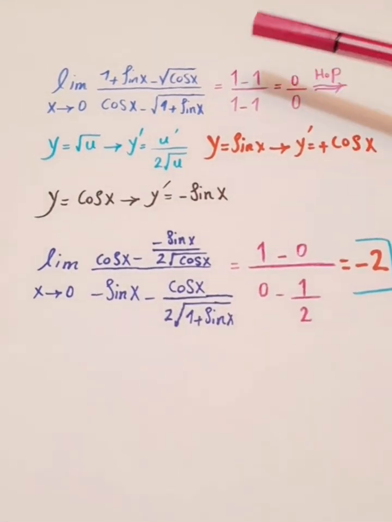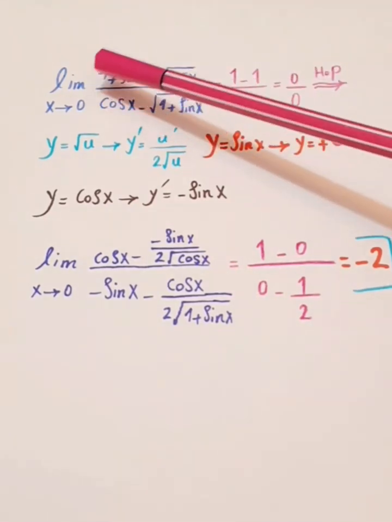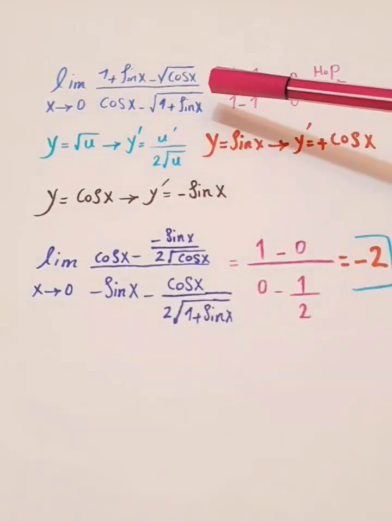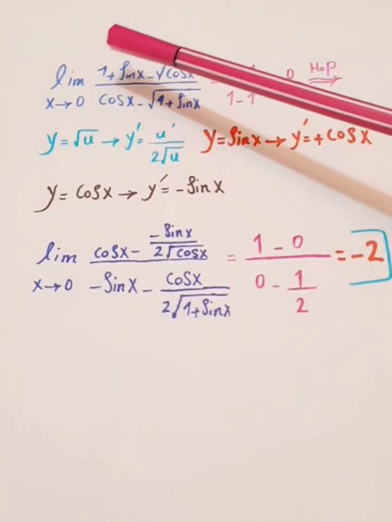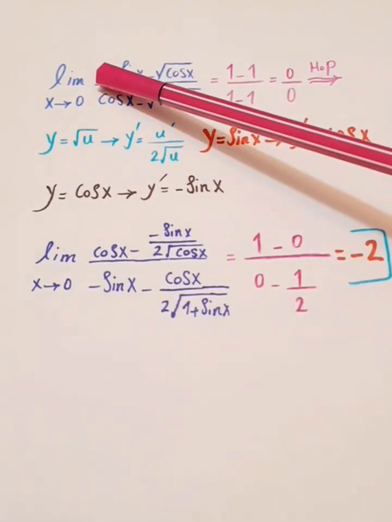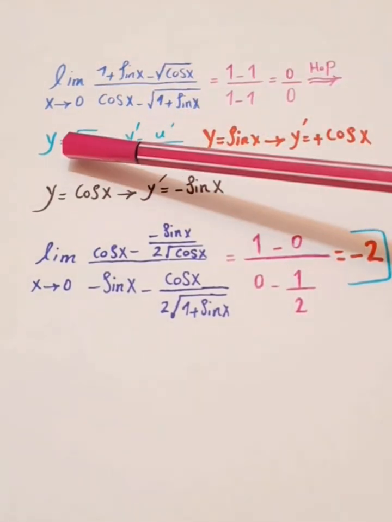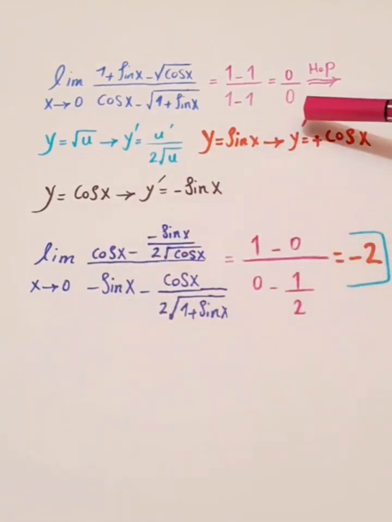Okay, let's solve it. Imagine that's f(x) and this one is g(x). If you take the derivative of f(x), the derivative of positive 1 is equal to 0. The derivative of sine x is cosine x, that I write here.